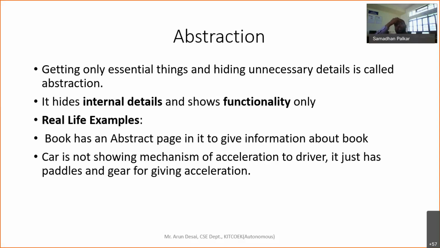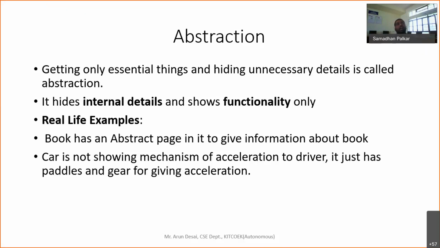One more example is a car, right? If a driver wants to accelerate the car and move from one place to another, the car design gives just those essential things upfront: the accelerator pedal, clutch pedal, and gear handle. How acceleration is delivered to the cylinders and the engine is all internal detail, which is obviously not required by the driver.